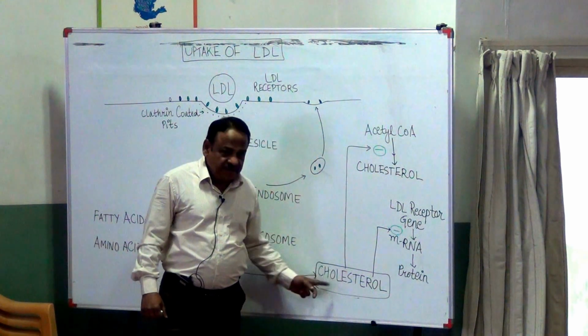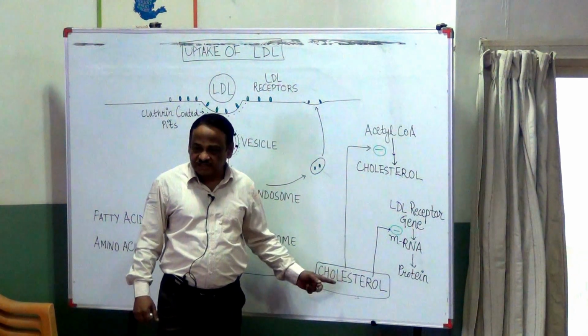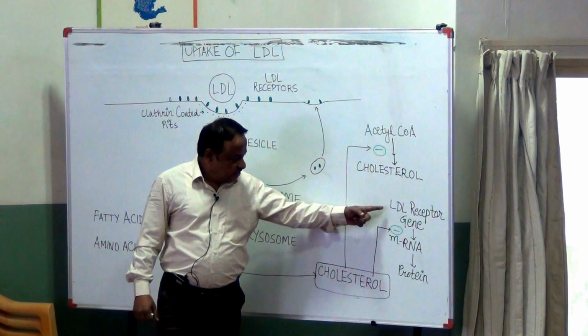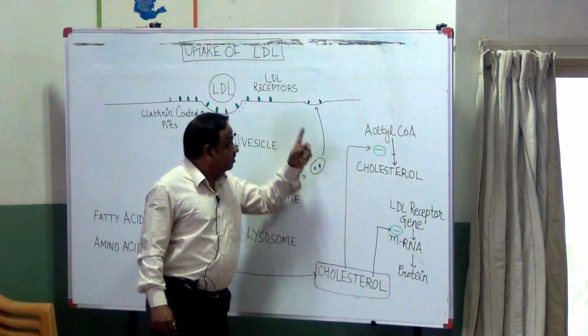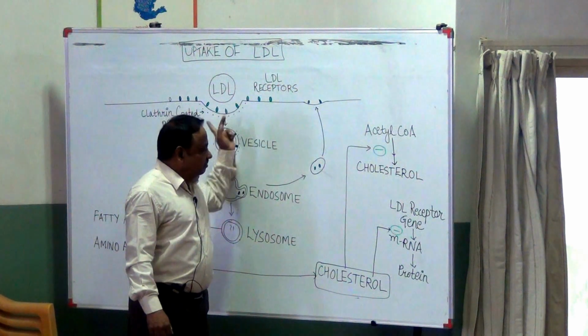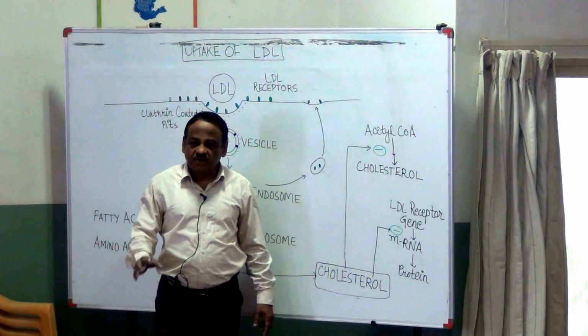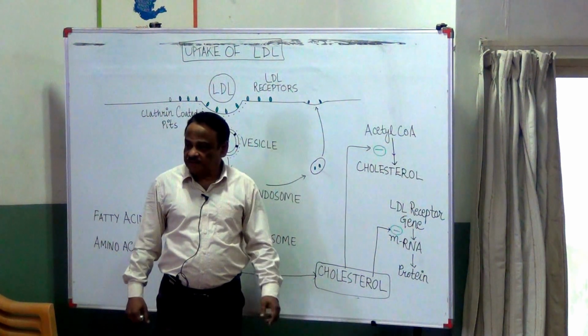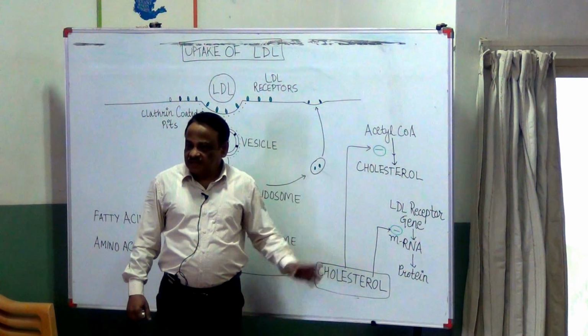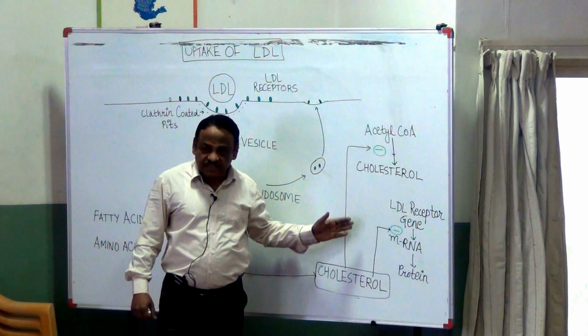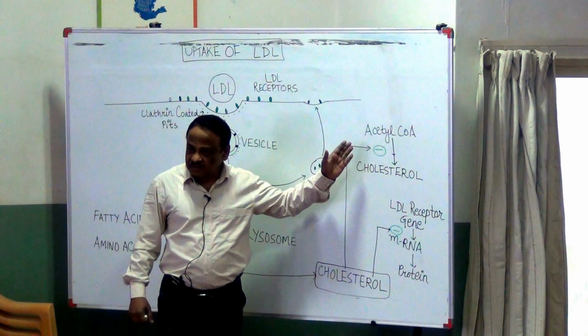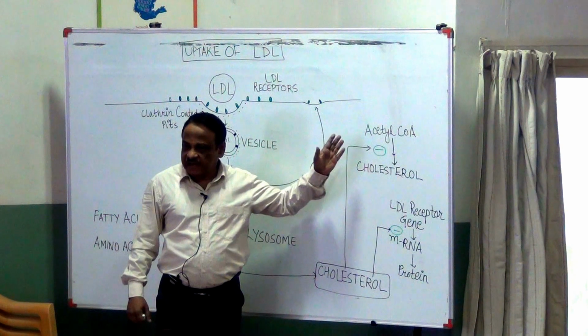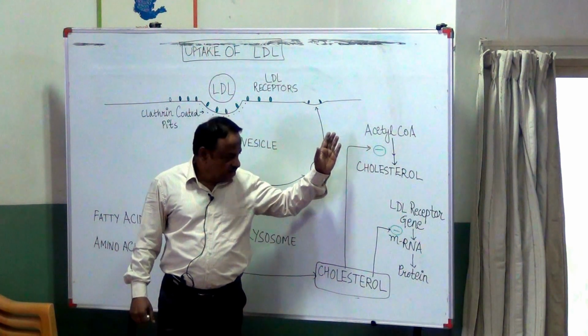Okay, so that is one way of regulation of cholesterol synthesis. Now, there are LDL receptors present in the clathrin-coated pits. Their synthesis also can be controlled. So one, endogenous synthesis of cholesterol is controlled, so no more extra cholesterol is formed.